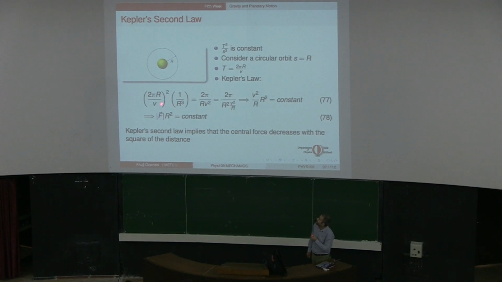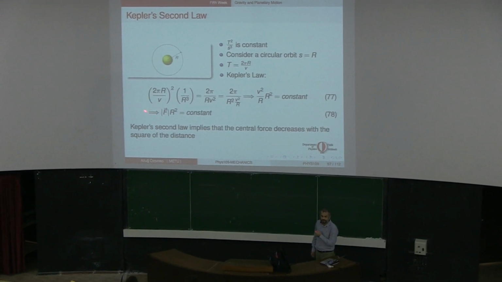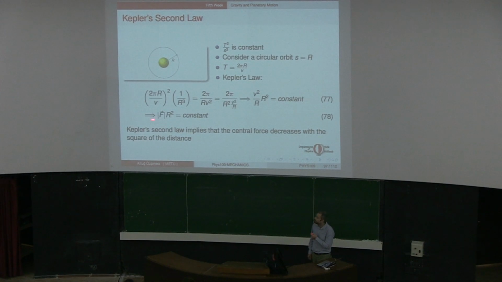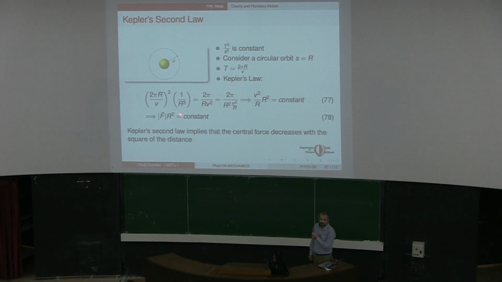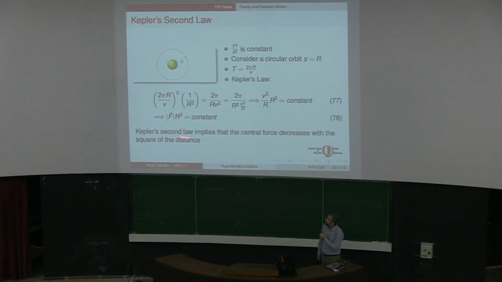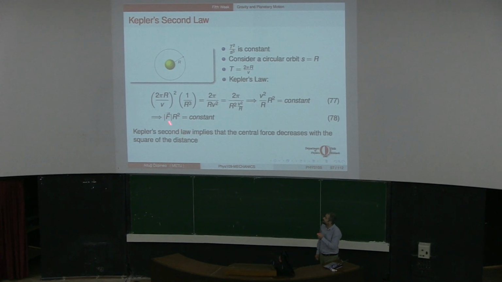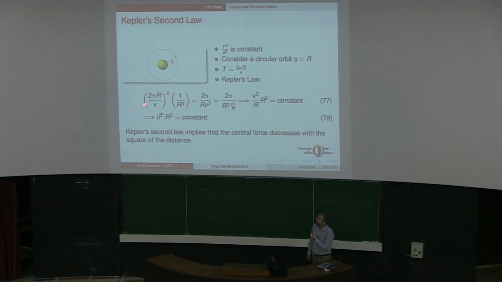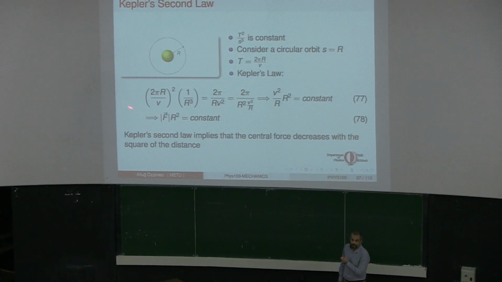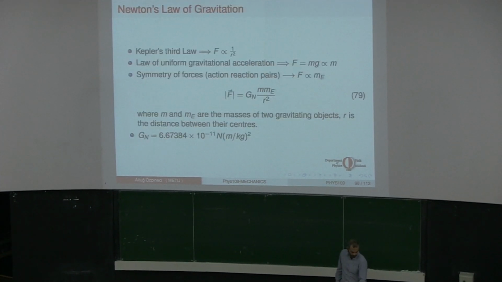And then we saw that this implied that the force acting on the planet multiplied by its distance from the sun is constant for all planets. This product doesn't change from planet to planet. It mainly means that the force acting on the planets goes as 1 over r squared, so that when we multiply with r squared, we obtain a constant.